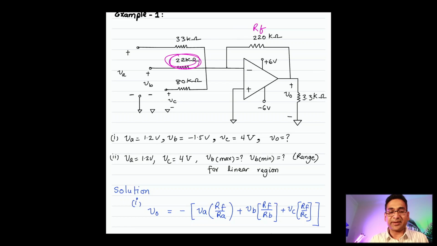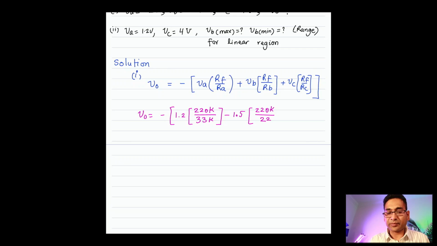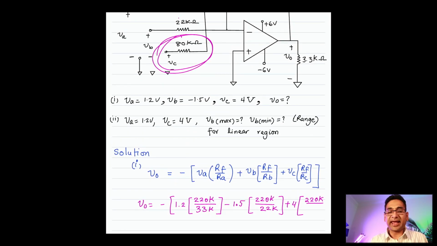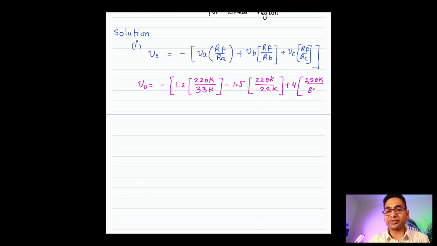RB is 22 kilo, plus VC, given to be 4 volts, times RF, 220K, over RC. RC is given to be 80 kilo ohms. Plug those numbers into your calculator, and you will see that VO is actually negative 4 volts.